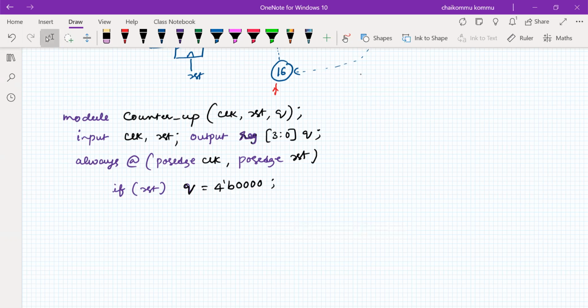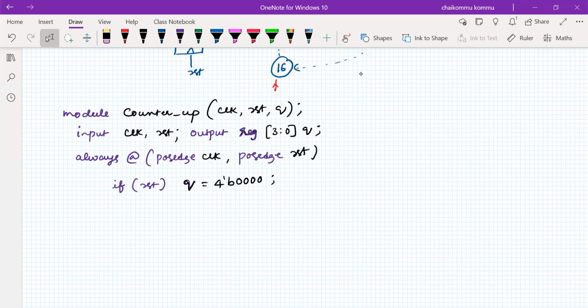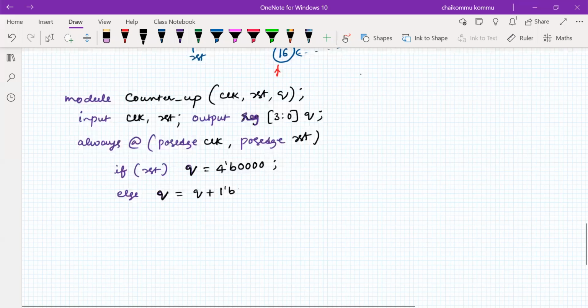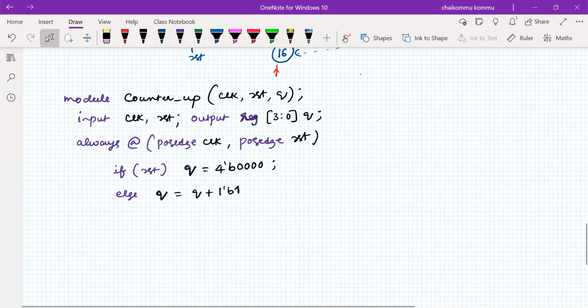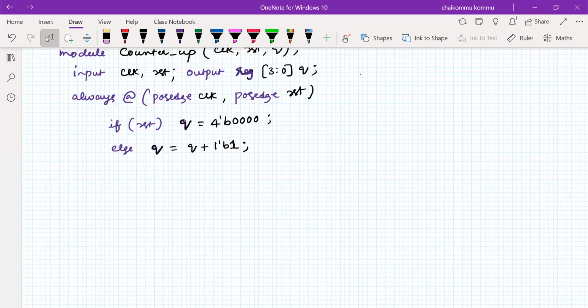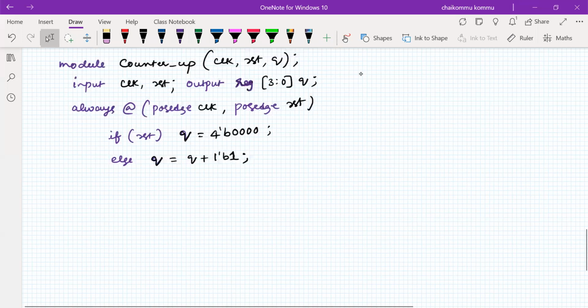Next, else, if the reset is not there, then depending upon the clock signal, Q is assigned Q plus 1 bit of 1. So I want to add one to the previous value, whatever it is; I had filled it with all zeros. I need to increment it by 1. Finally, I have to go for endmodule.